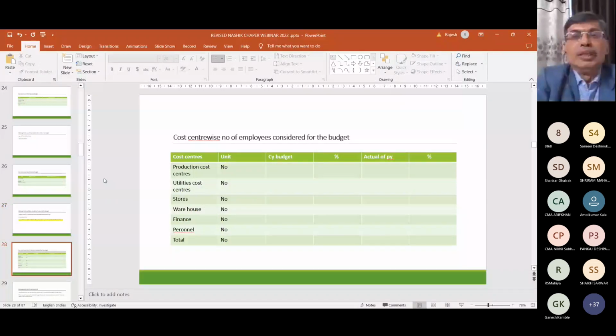And here it will show the cost center wise number of employees considered for the budget. One can list down all the possible cost centers here and just see whether there is any increase or not. We will see how this increase may occur. Here the numbers are given. This number will get translated into the value.